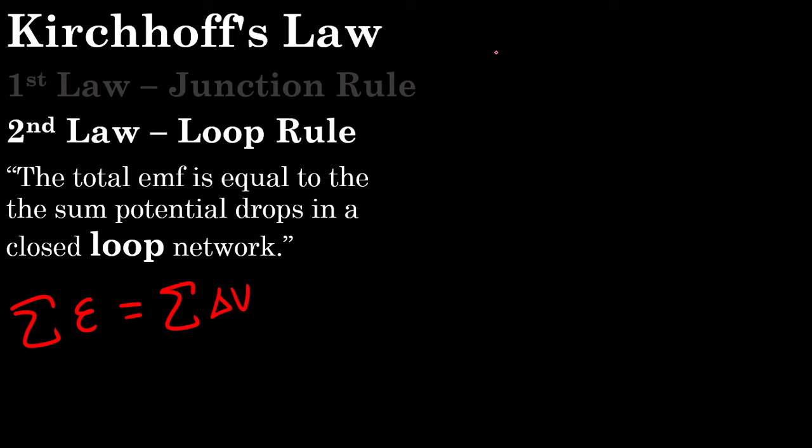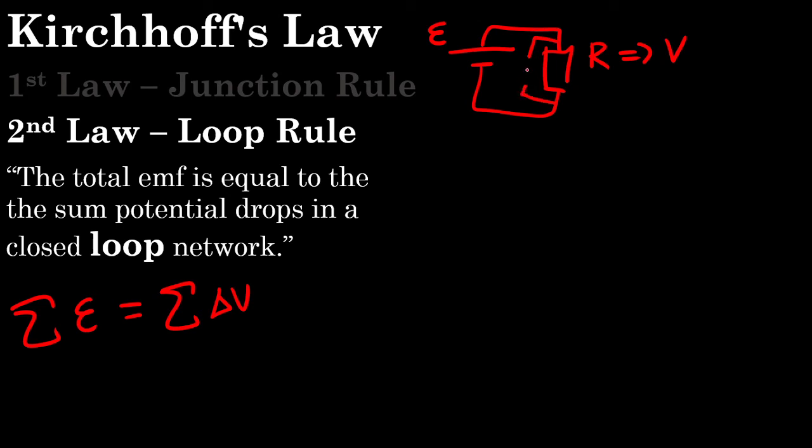So the most basic of all circuits that you can design would be a dry cell connected to a resistor, right? And say the power supply or the dry cell gives out epsilon, and the resistor has a resistance of R. Which means that you will have a voltage drop of V, and you can measure this by connecting a voltmeter parallel to that resistor.